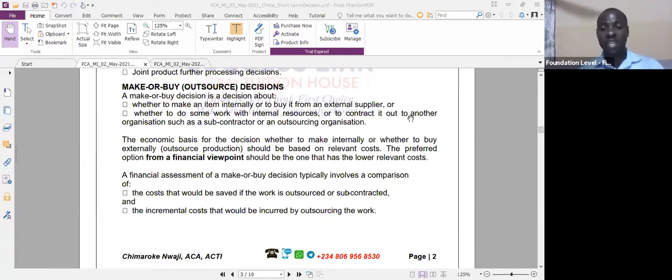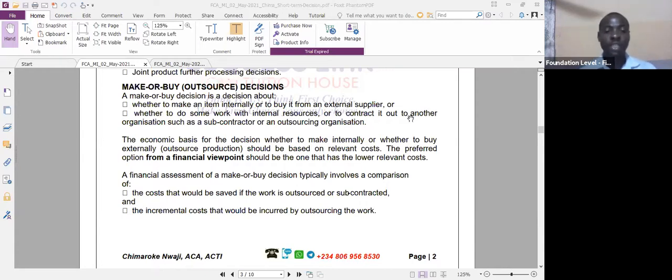So that means the make or buy decision has to do with the lower of the cost of making this item, or the cost of outsourcing it outside. Whichever gives you the lower cost, that is what you will take.